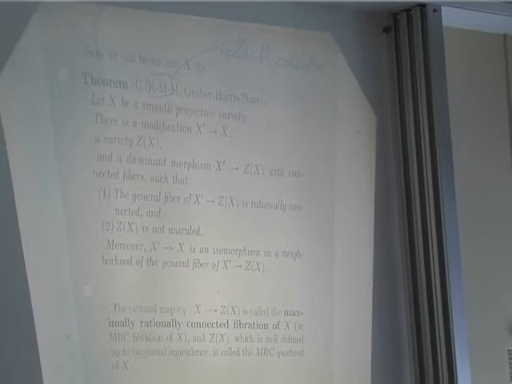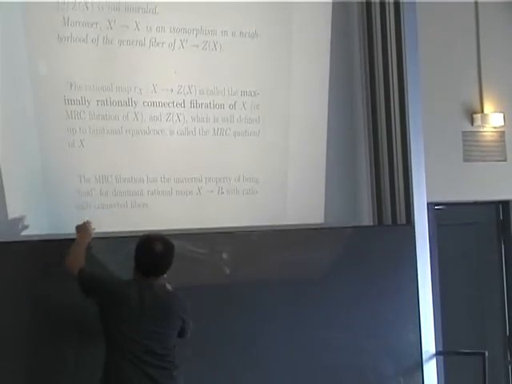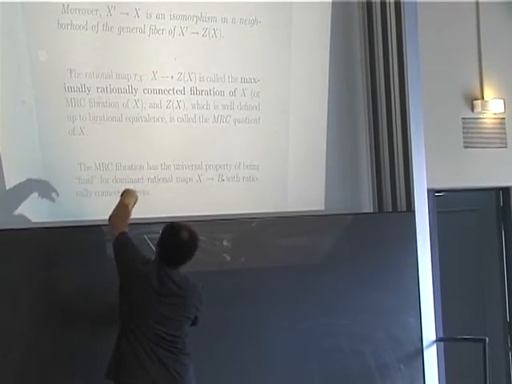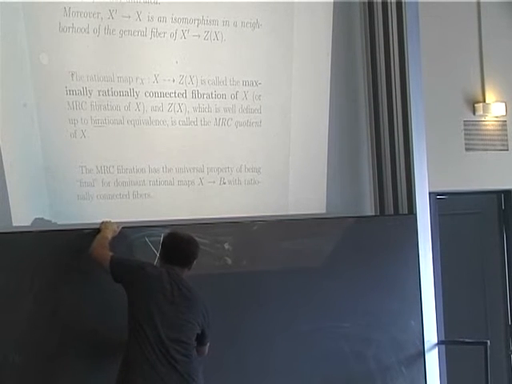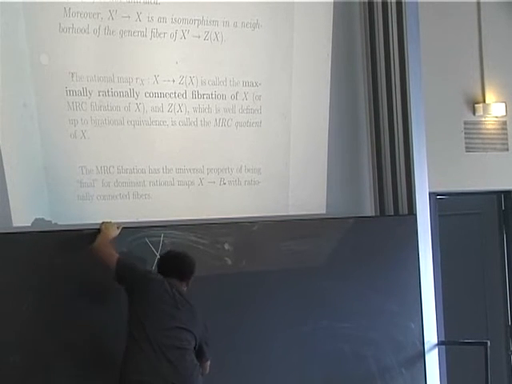So why don't I draw the picture first? If you have any variety X, then what you can do is, at least up to birational equivalence, so let's ignore this birational equivalence X prime to X. I already replaced X by something birational to it.